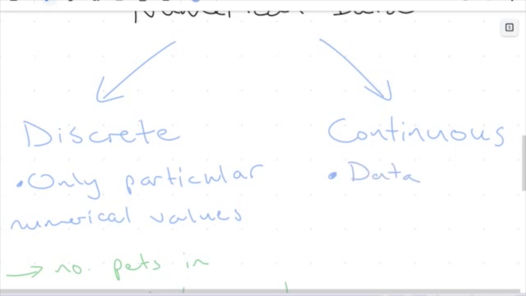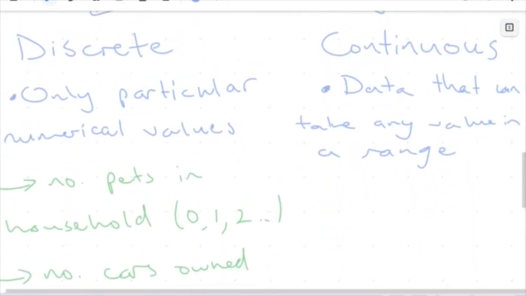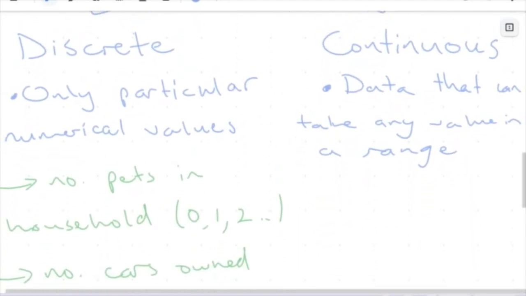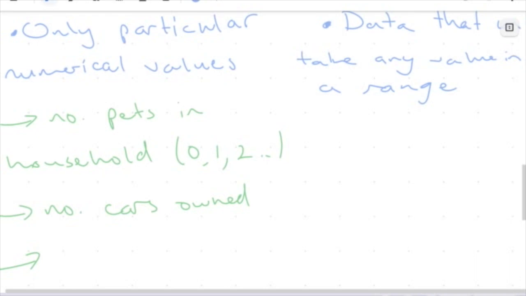We'll talk about it in a second. Data that can take any value in a range. A range. Sorry if this is getting a little bit messy. So what do I mean by that?